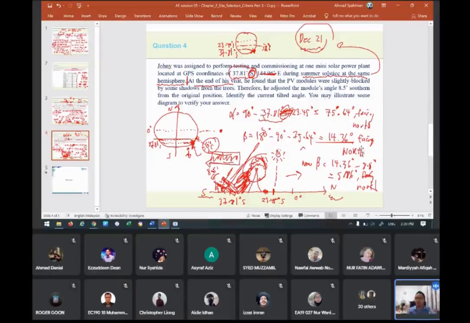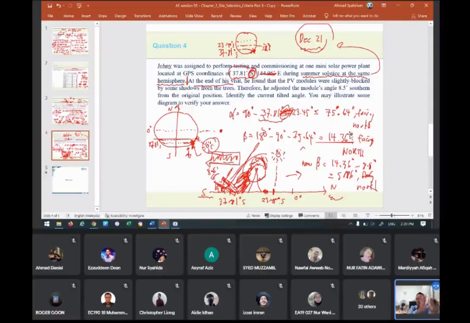Okay, and then here comes the additional flavor, asking you found that PV model was slightly blocked by the sun, blah blah blah. Like in the figure that I draw, even it's not really good. Adjusted module's angle 85 degree southern than the original position, because we are facing to the north. You need to draw the figures to get the real imagination. And then southern is opposite direction.